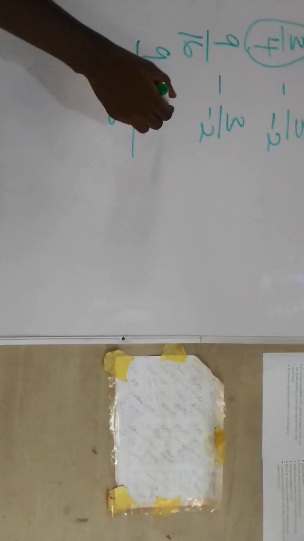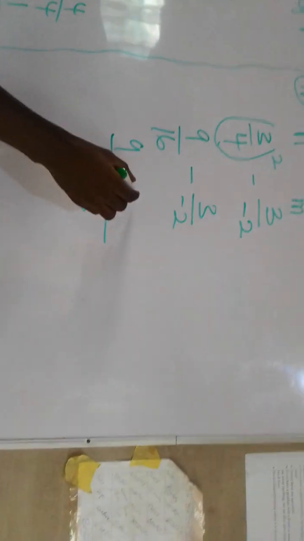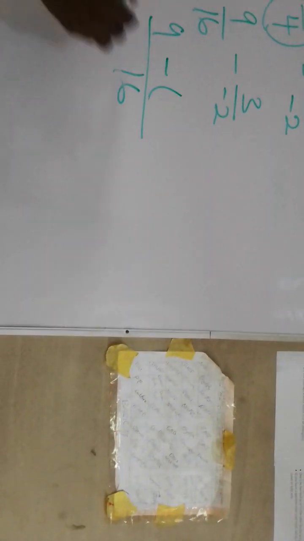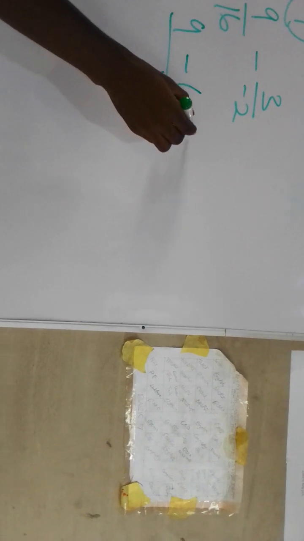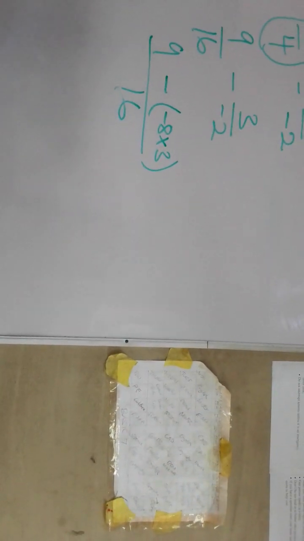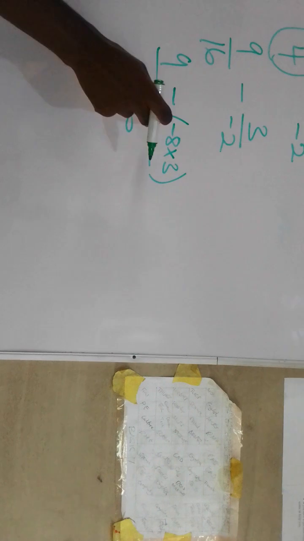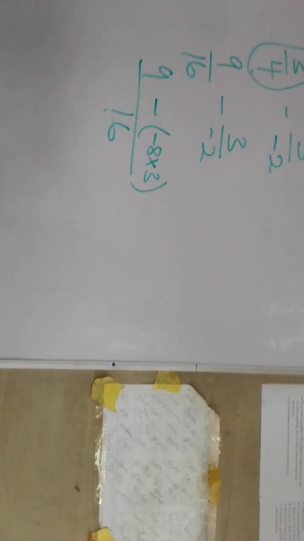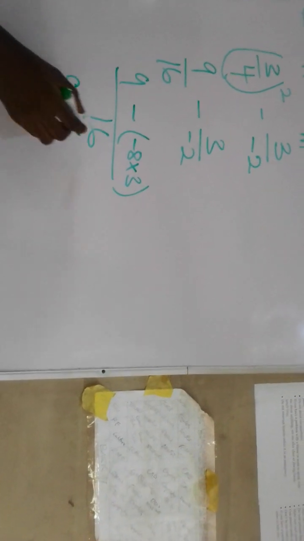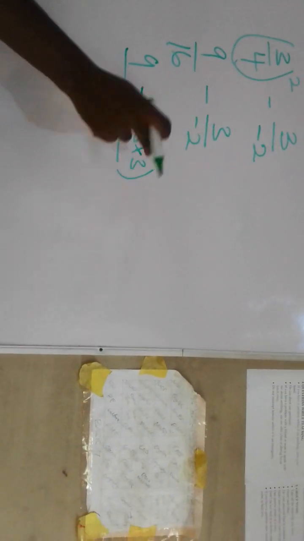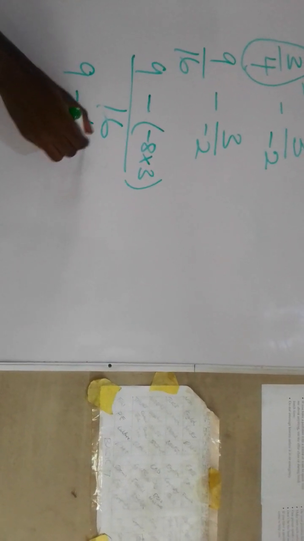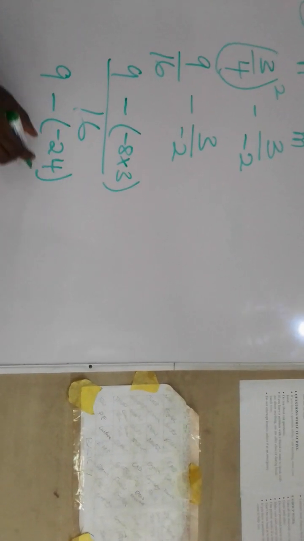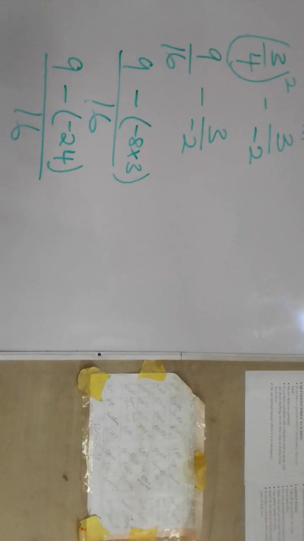So the bracket will be negative 8 times 3. Okay? Negative 8 times 3. So we are going to have 9 minus 8, negative 8 times 3 will give us what? 24. So negative 24 all over what? 16.